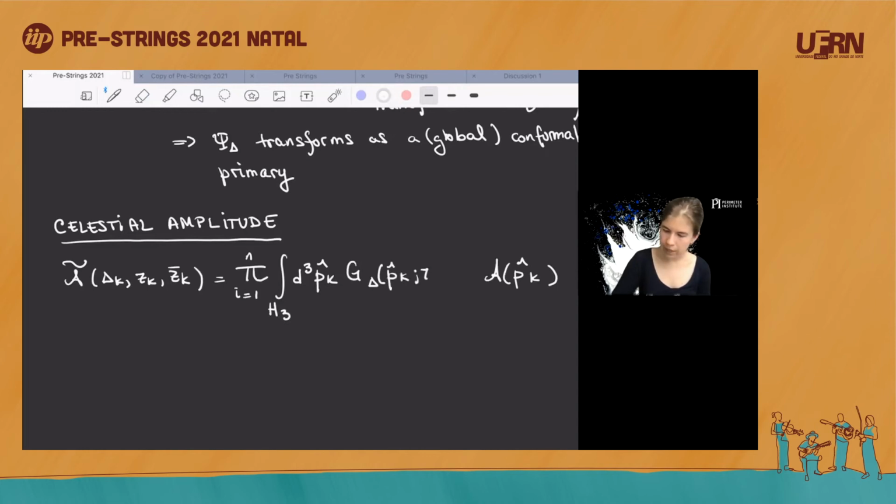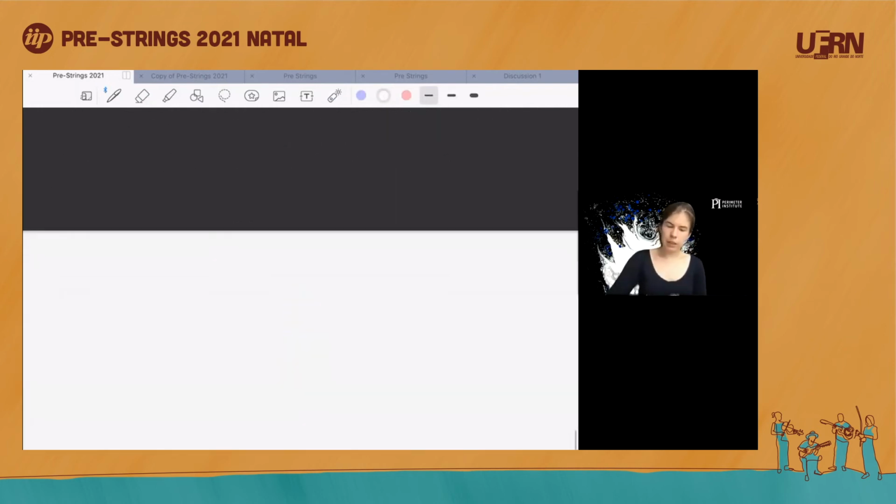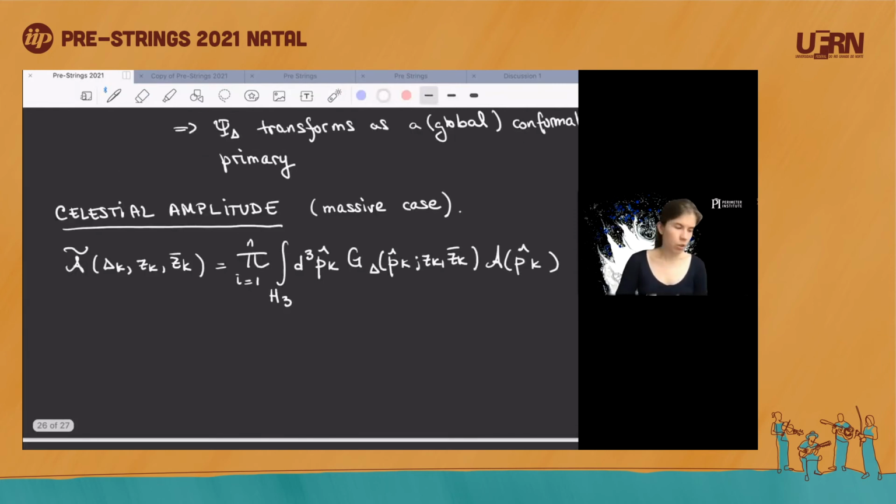So we take each of the external legs and we integrate each of the external legs against these bulk to boundary propagators. So this is the massive case. But it turns out that the massless case can be inferred from this one by just taking a massless limit.